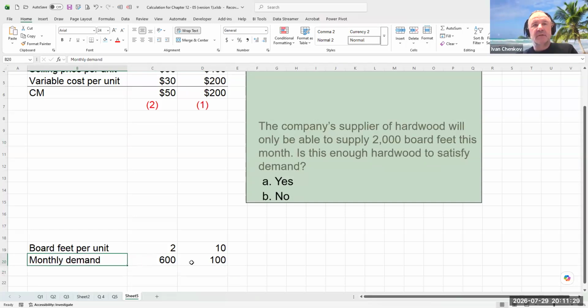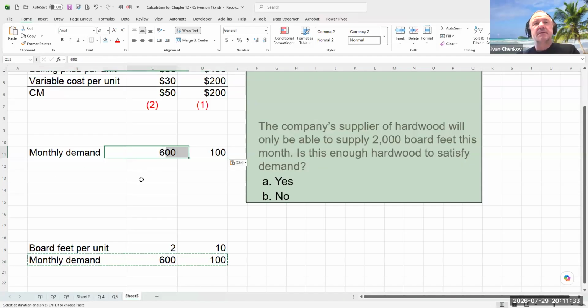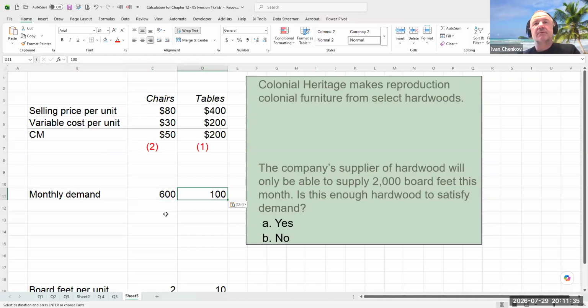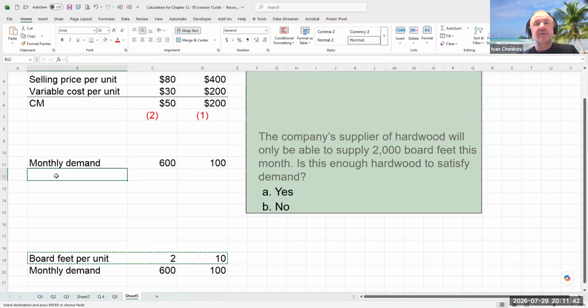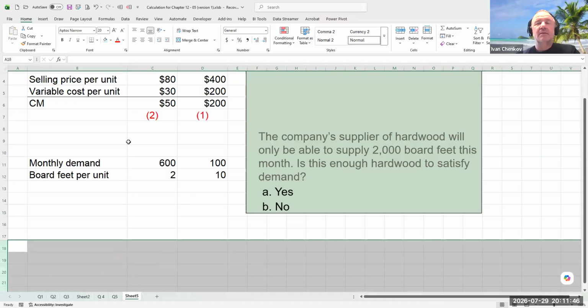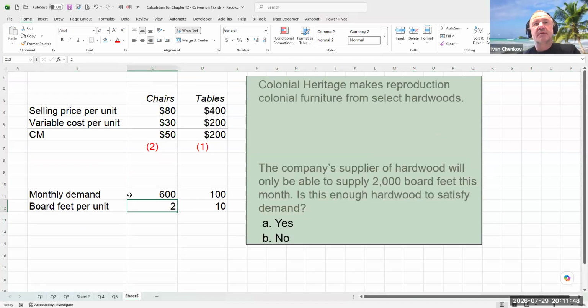For the monthly demand, my demand is 600 for the chairs and 100 for the tables. Then I'm going to see how many board feet I need to produce any of those. I need 2 board feet to produce a chair and 10 board feet to produce 1 table.